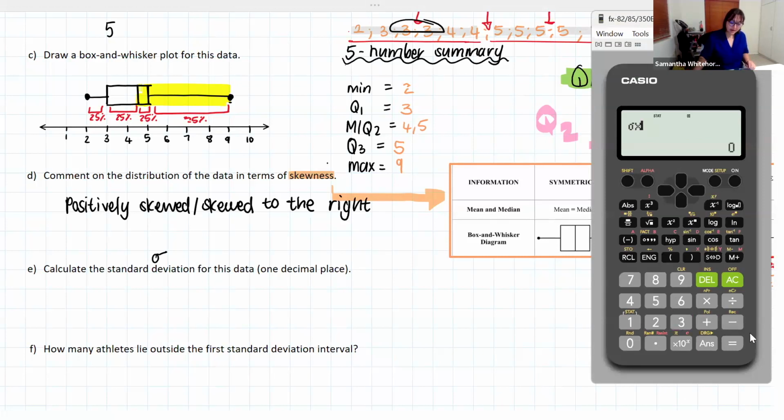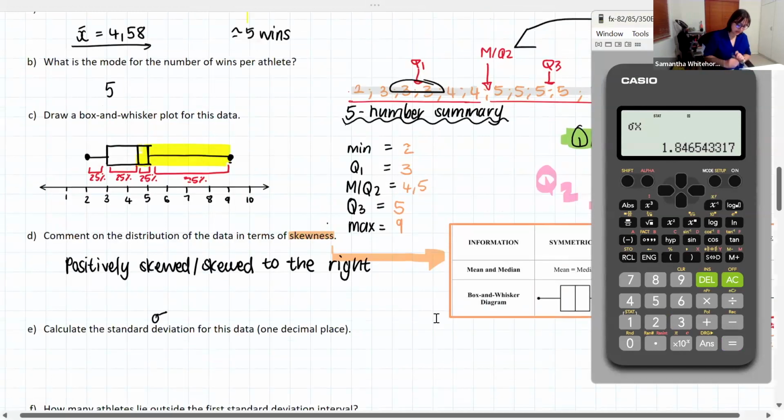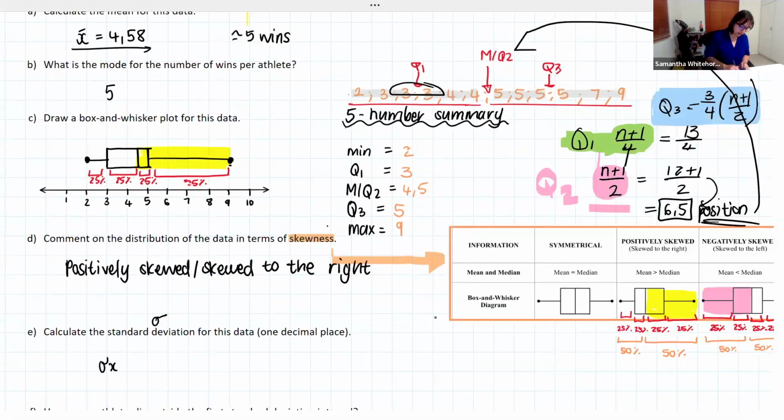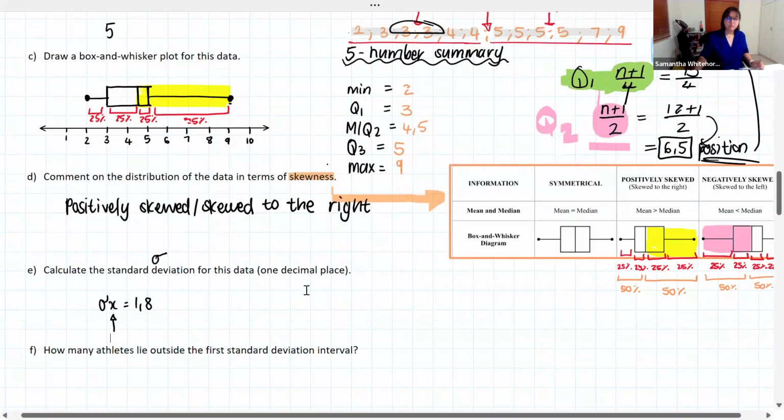Now it says to 1 decimal point, so we make sure that we round off appropriately. The second decimal point is a 4, so it has no effect on the 8. So our standard deviation here is just 1,8. Putting the x there means the standard deviation for x. That's it. Okay, calculator work.